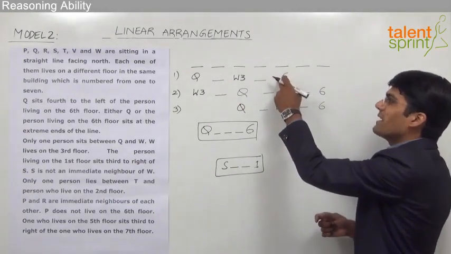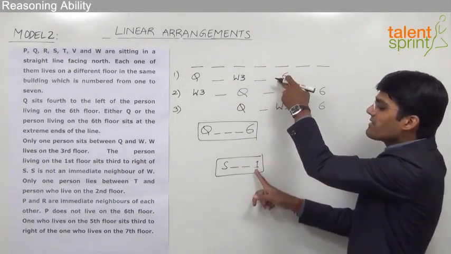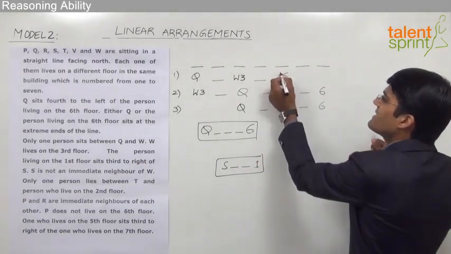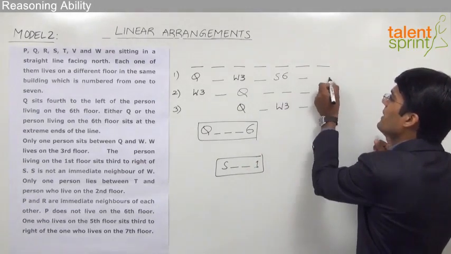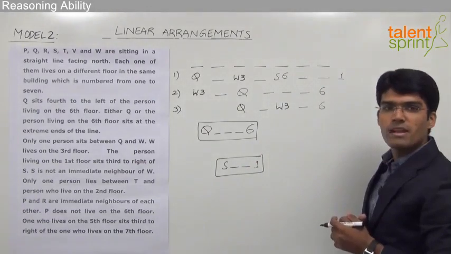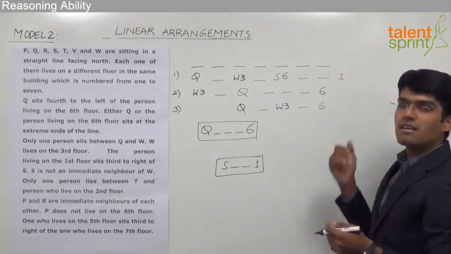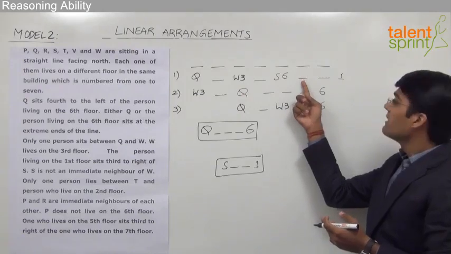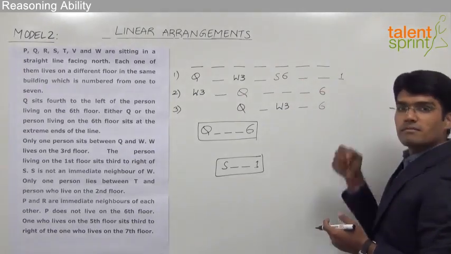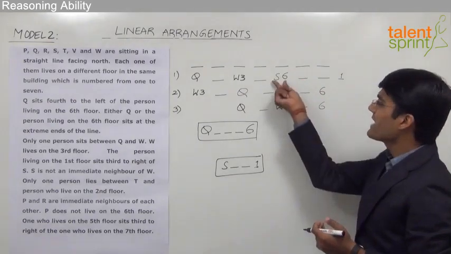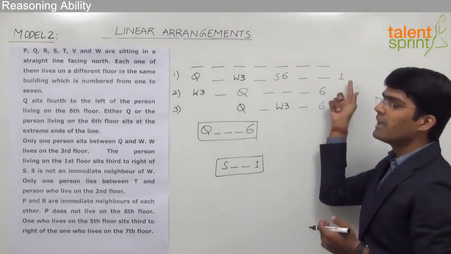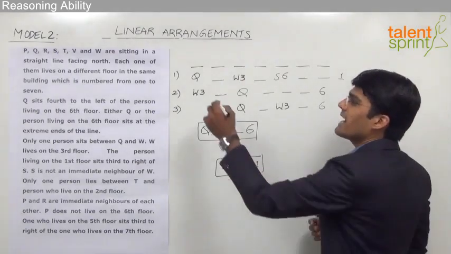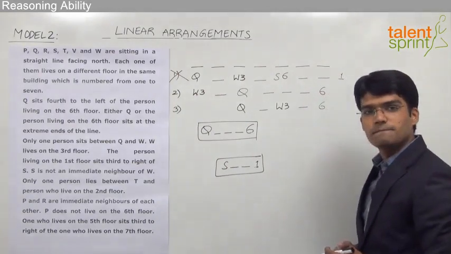But if S takes this particular position, we know that the person living on first floor should come after 2 places from S. So if S takes this position, we should leave 2 places and then the person on first floor should be coming here, which makes the first floor person out of the arrangement. Similarly, if we take this place as S, the person on first floor should be further away from the arrangement. So very clearly S cannot be adjusted in any of the positions in the first case. So since S cannot be adjusted anywhere in the first case, we can say that this is a wrong possibility.